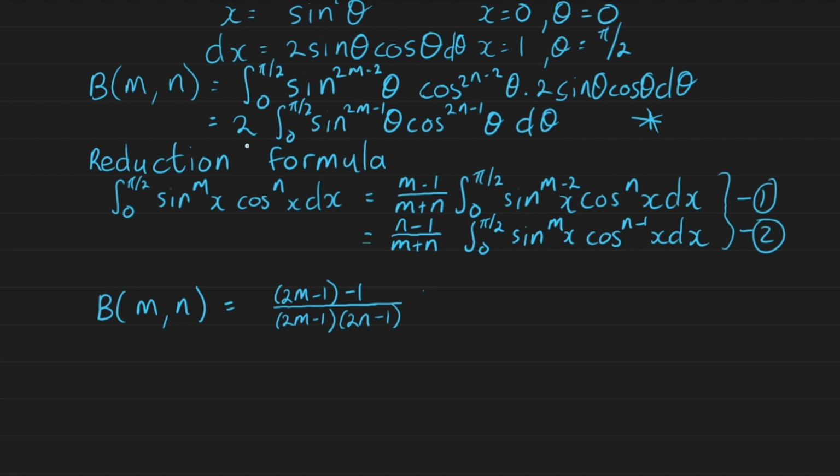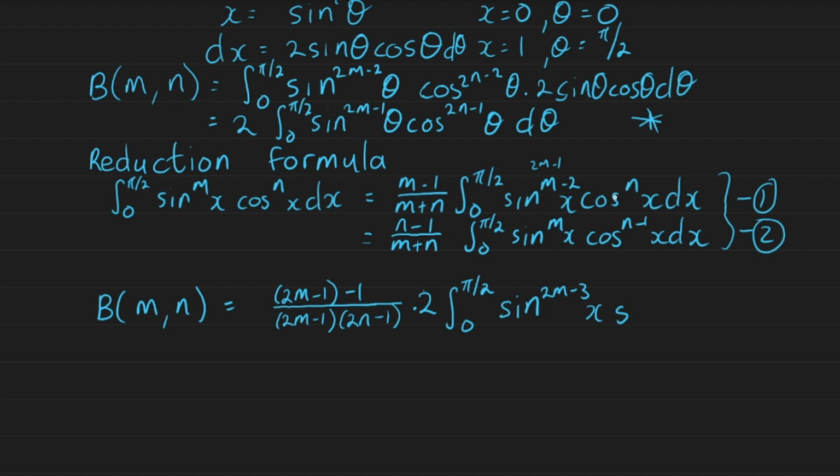Let's not forget the 2, so we multiply by 2 times this integral from 0 to pi over 2 of sine to the power m minus 2, and now it's 2m minus 1, so 2m minus 1 minus 2 gives us 2m minus 3, times x.